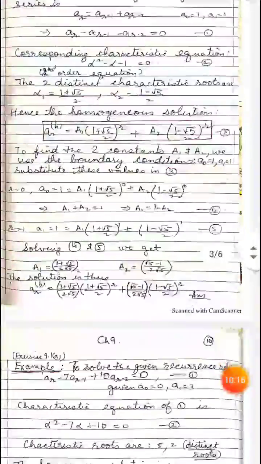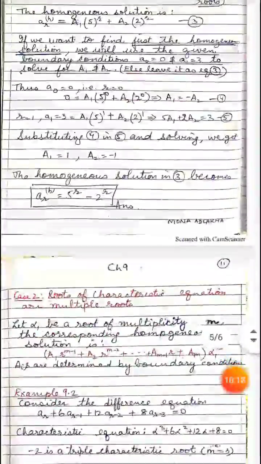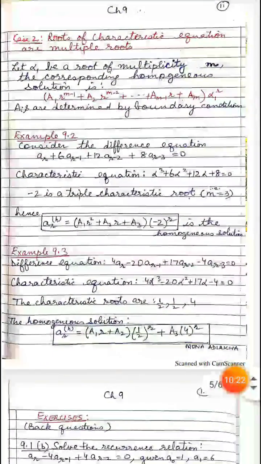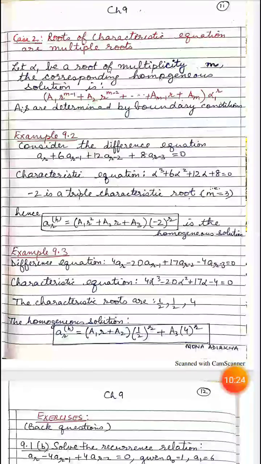Okay, now the other thing was that your roots of the characteristic equation may be multiple roots. So if alpha 1 is a root of multiplicity m, the corresponding homogeneous solution is, so remember, the homogeneous solution is a sum of the terms a1 alpha 1 to the power of r.